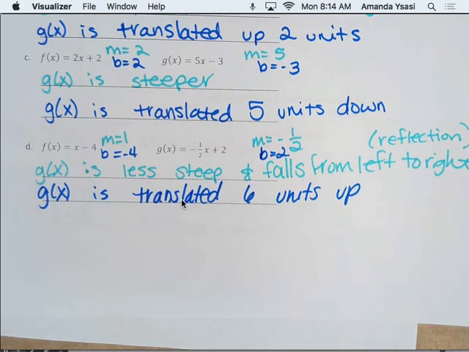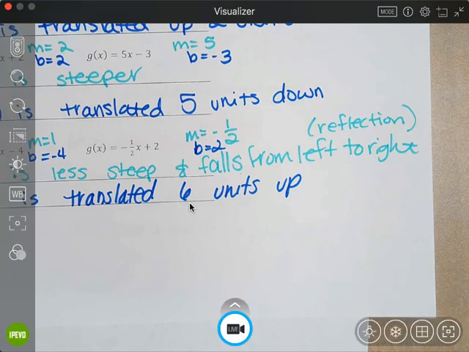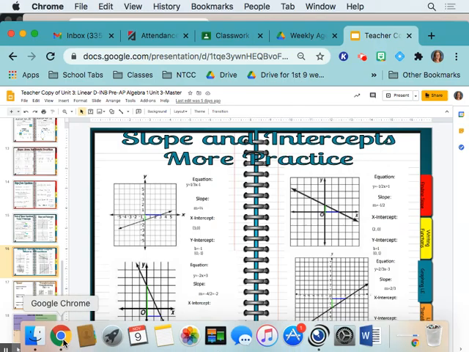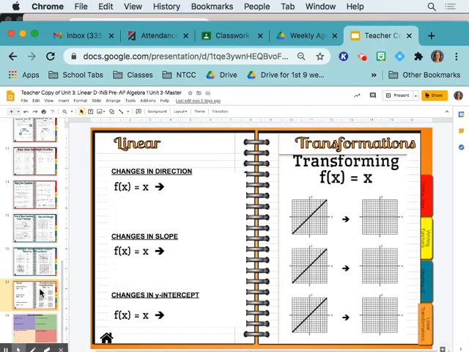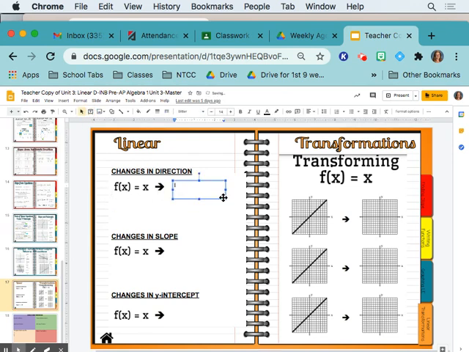Okay, so now we just need to summarize on our digital interactive notebook. So let's look at that. We're on slide 17. So changes in direction. f of x equals x goes to, if we're changing the direction, we're talking about a reflection.